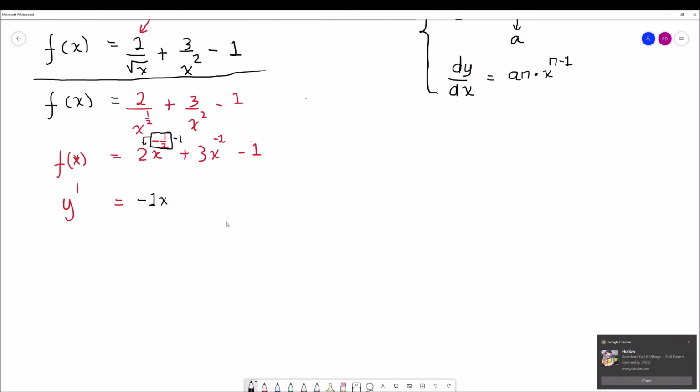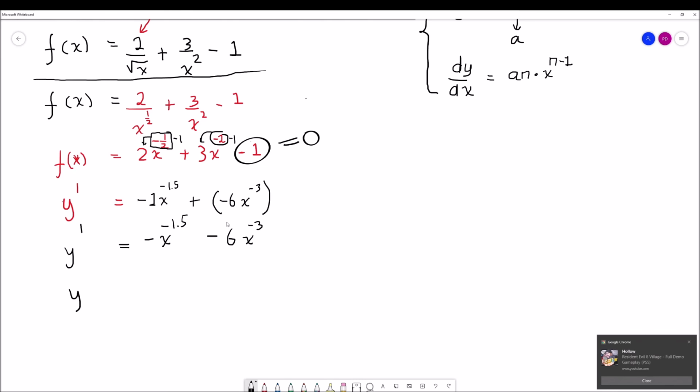So we subtract 1 from the power, so negative half, negative 1 will be actually negative 1.5, and then plus, and minus 2 times 3 will be minus 6, and then x to the power minus 2 minus 1 will be minus 3, and then this is a constant, so y prime is equal to negative x to the power negative 1.5, okay, and then minus, because plus times minus is minus, and minus 6x to the power negative 3.